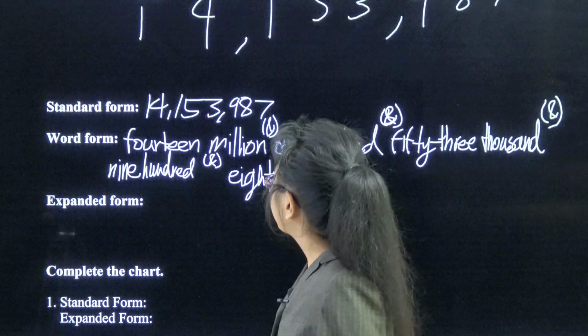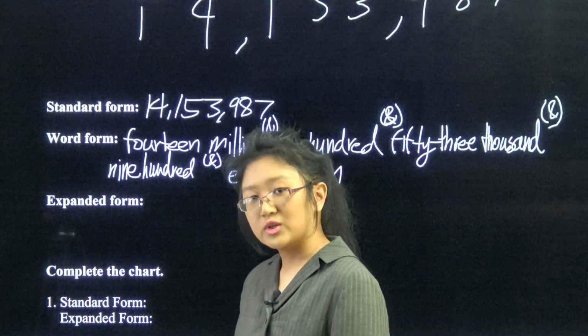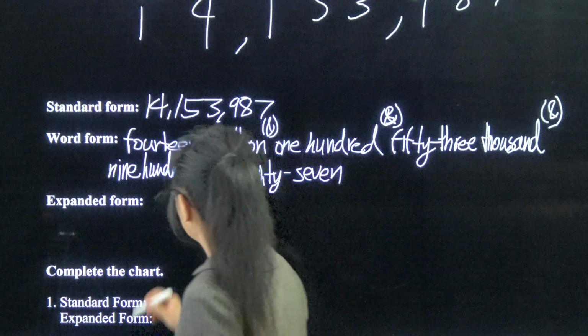Now, expanded form. Well, we have 14 million, which is 10 million plus 4 million.